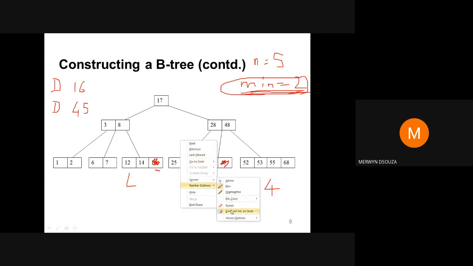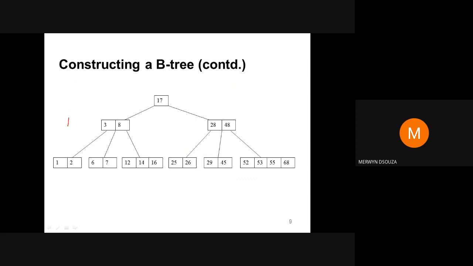So I hope you have understood all these cases. Deleting from a non-leaf node, I just told you. Deleting from a leaf node with no underflow, and deleting from a leaf node with underflow, this we are going to see now. We are going to see the 4 cases for this.